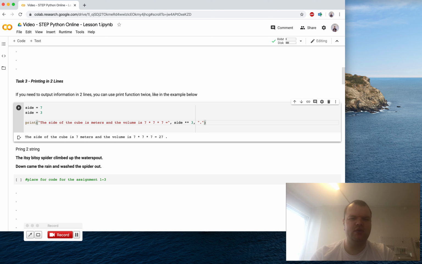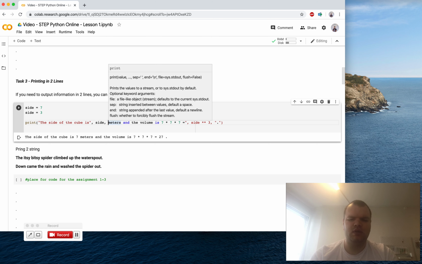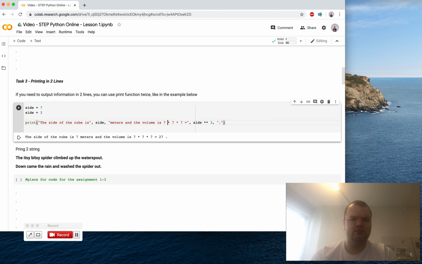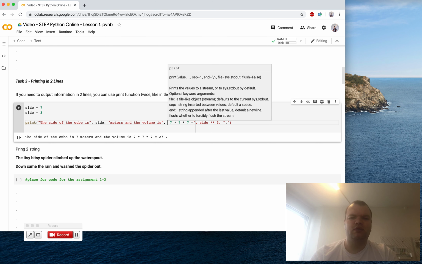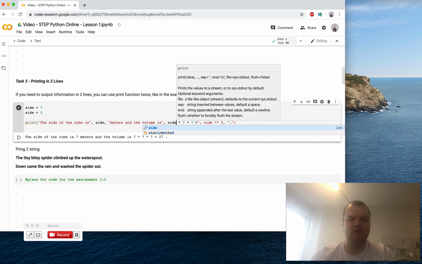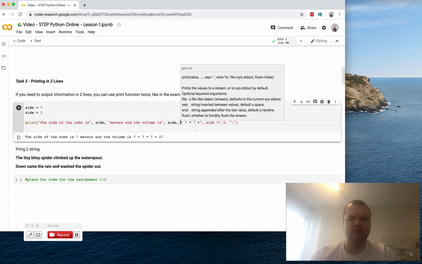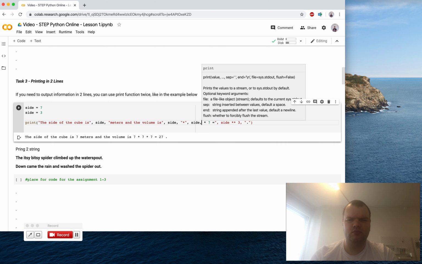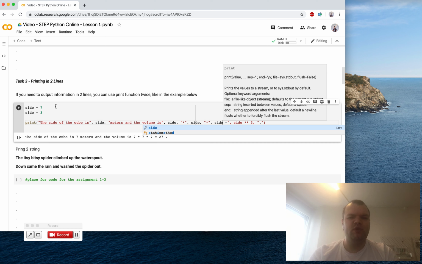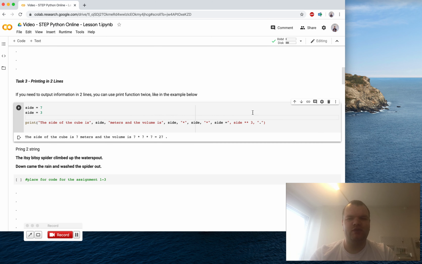So what we have to do here, we have to change the code a bit. This part will again be a usual string, usual words. Here instead of 7, we will type side. So a bit more complicated, but this part of the code will be more interactive.